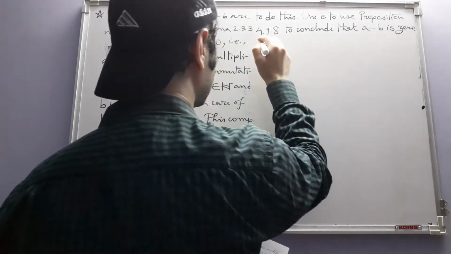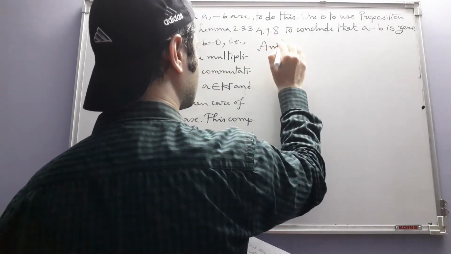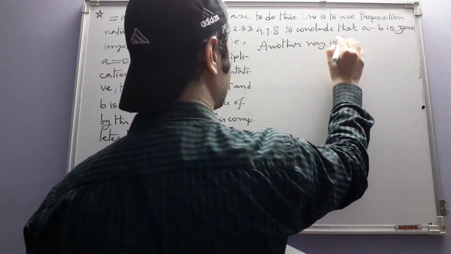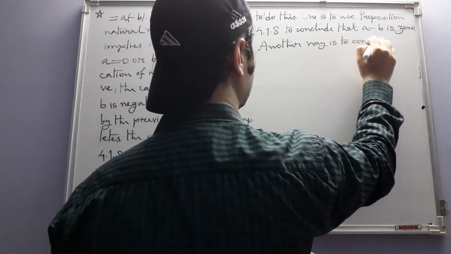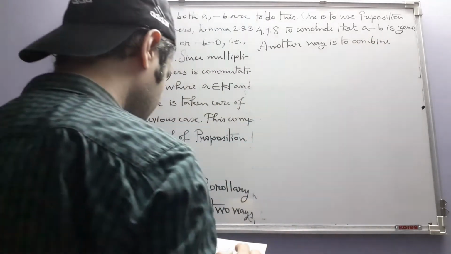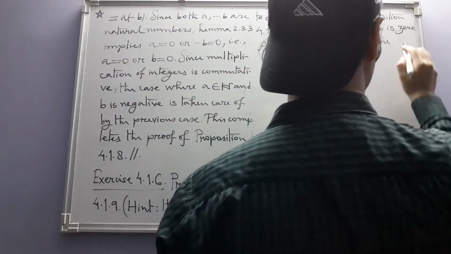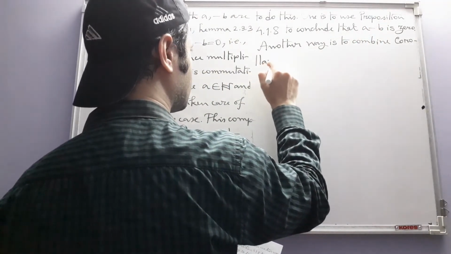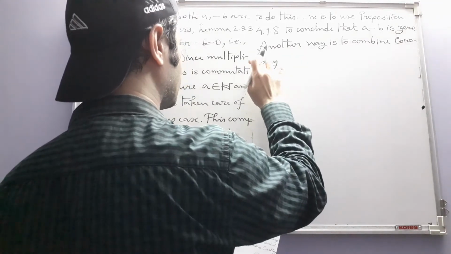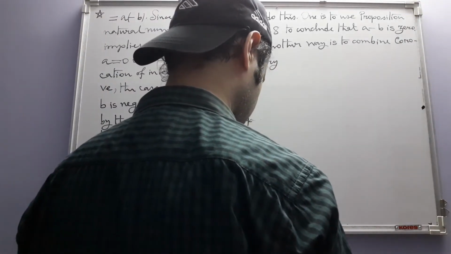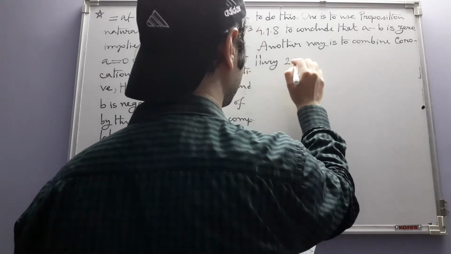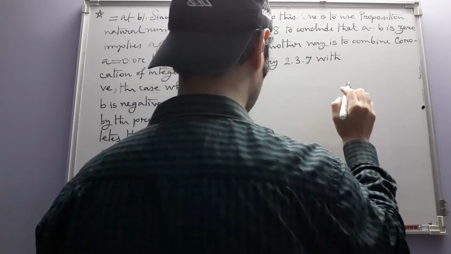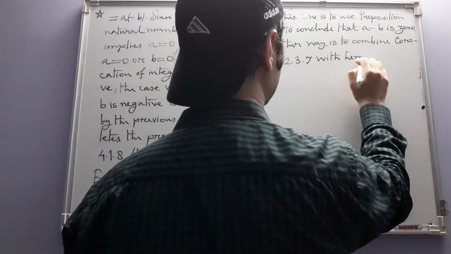Another way is to combine corollary 237 with lemma 415.